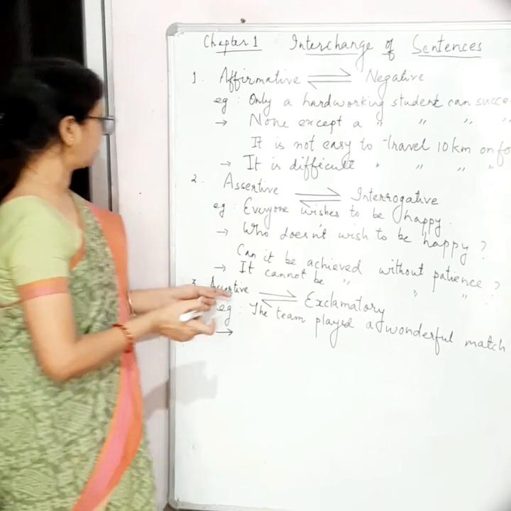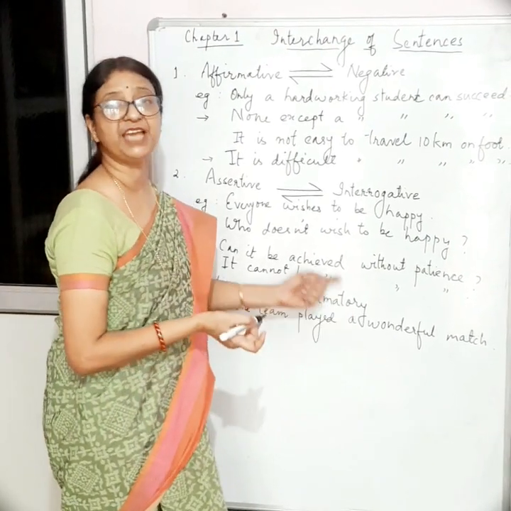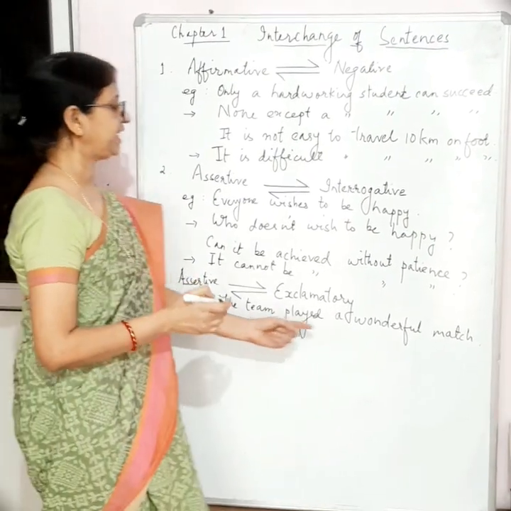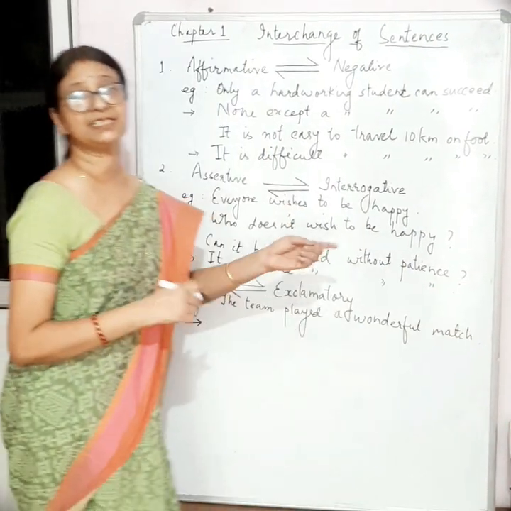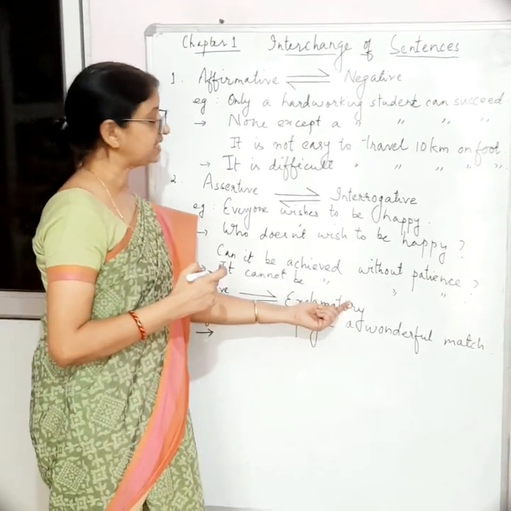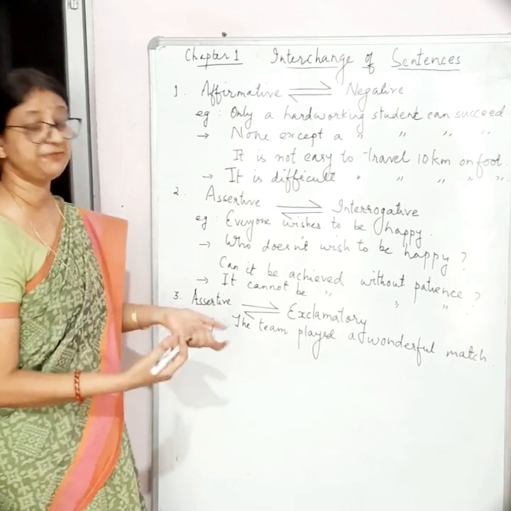Third part. Assertive to exclamatory and vice versa. Assertive sentence. The team played a wonderful match. This is an assertive sentence, a declarative sentence. You are changing it to exclamatory. That is a sudden feeling.